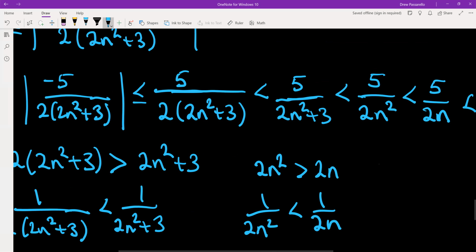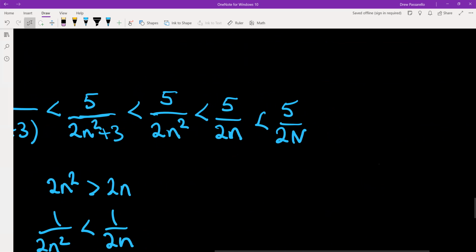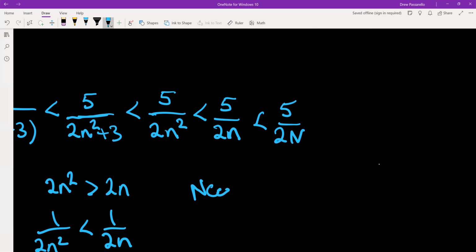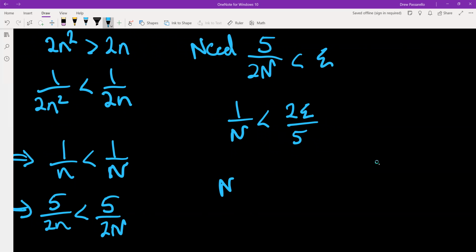Okay, so then we have this string of inequalities, and we need this to be less than epsilon. So multiplying both sides by 2/5, that gives us 1 over capital N needs to be less than 2 epsilon over 5. And then taking the reciprocal, n needs to be greater than 5 over 2 epsilon. So that's the index that we're going to use.